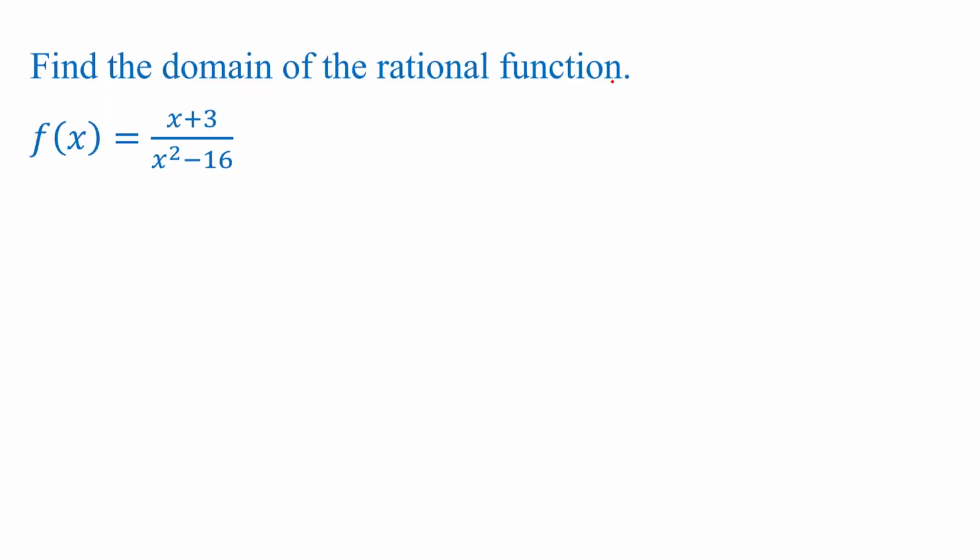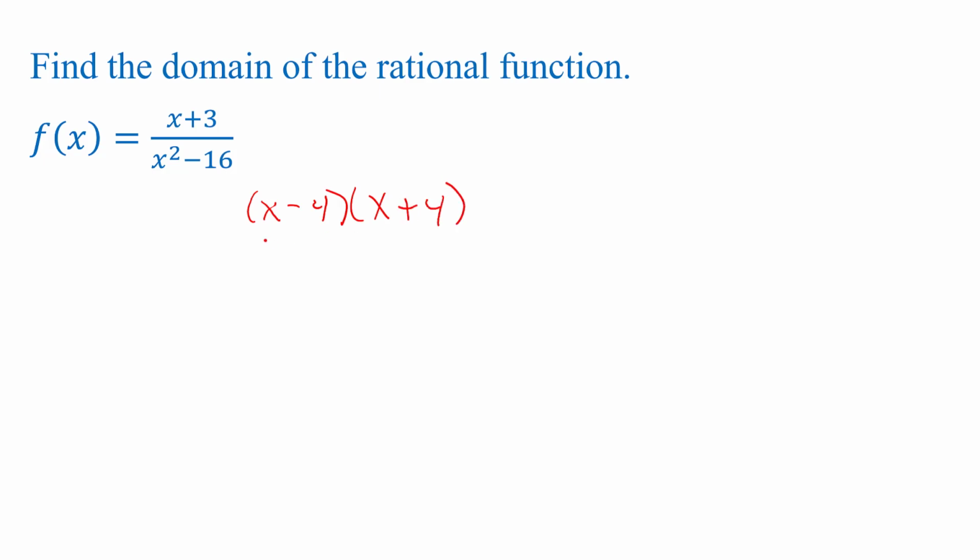So find the domain first of the rational function f of x equals (x plus 3) over (x squared minus 16). The domain is going to exclude any values of x that would cause the denominator to be equal to 0. So note that x squared minus 16 factors into (x minus 4) times (x plus 4).